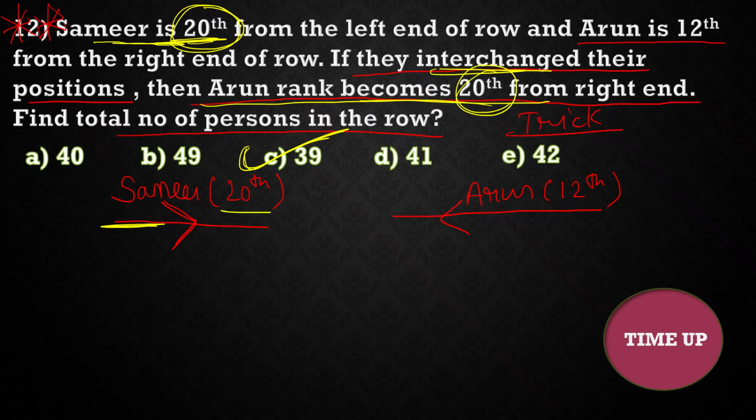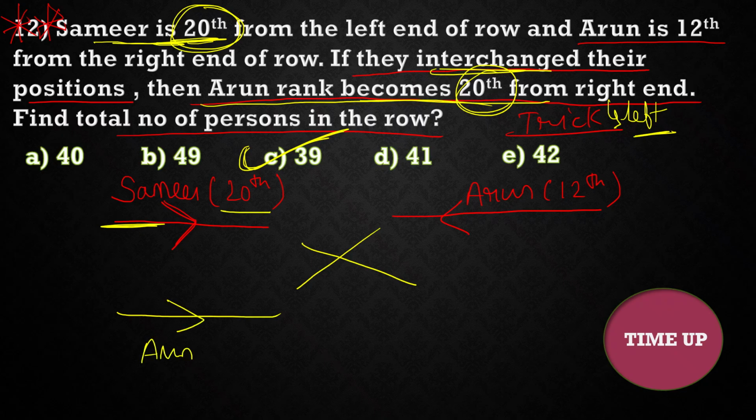If they interchange their positions, Arun's rank becomes 20th from the left end. If instead of right it was left, here I'm talking about left. Now this is Arun, this is Samir.